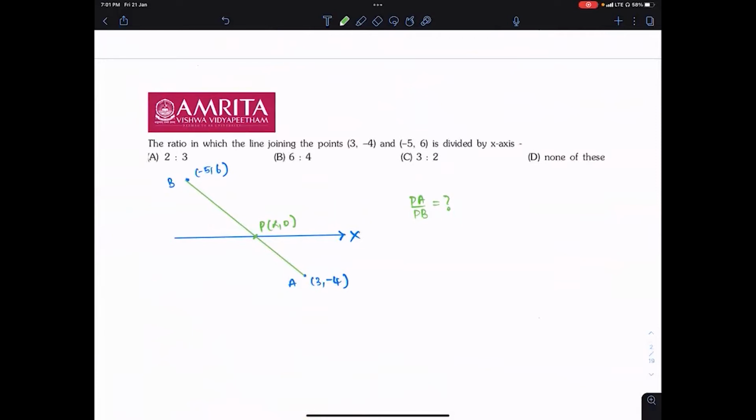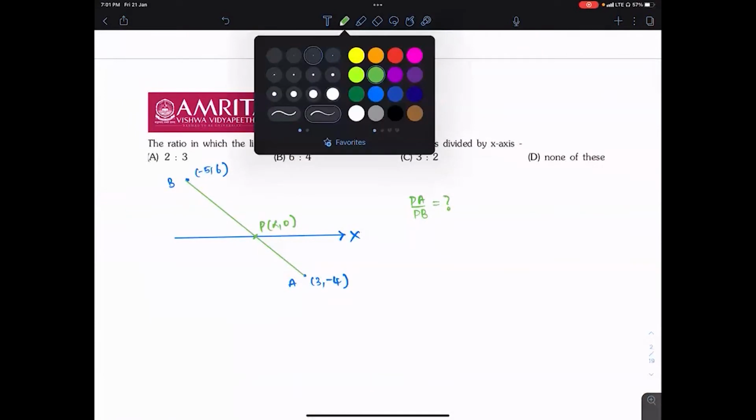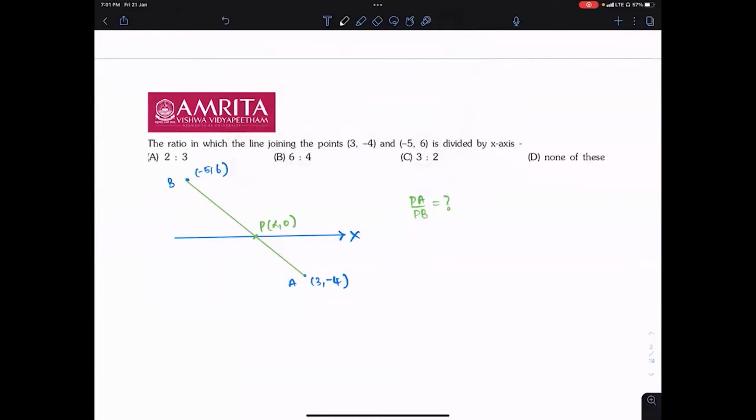Those 3 are collinear, and we need to find the ratio in which that point P divides A and B. Let me just write it. So we need PA by PB, because it is the ratio in which P divides A and B. I have taken this as A and this as B.